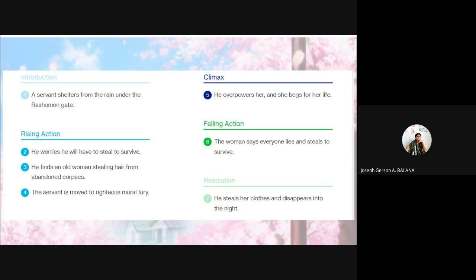And the servant who is now dismissed is also contemplating, since he does not have any more work or job to do, he might be considering becoming a thief because he is already dismissed from his work. So their question of survival was a problem for both of them. Yeah, that's a good thing that you have pointed out. Yes, thank you so much.